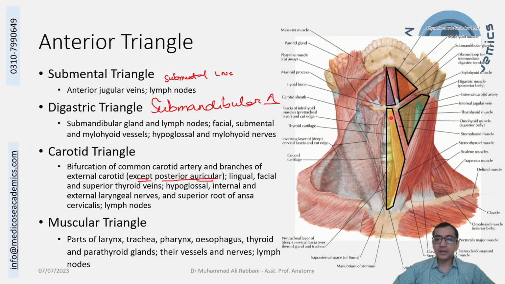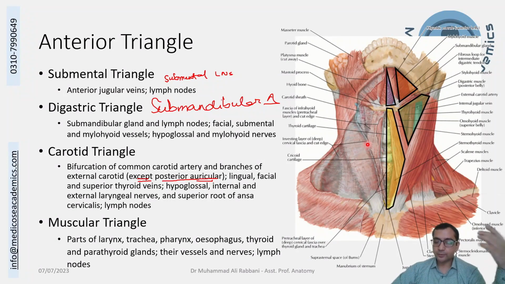Muscular triangle: just remember the digestive tract, the respiratory tract, and the viscera in front of it. The respiratory tract includes the larynx above and trachea below. The digestive tract includes the pharynx above and esophagus below.